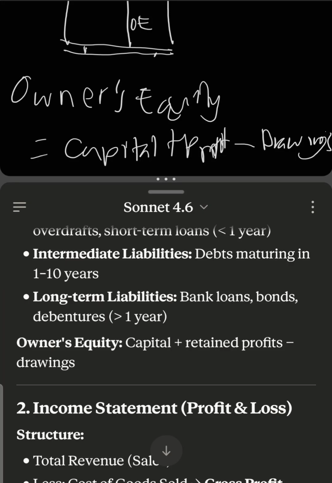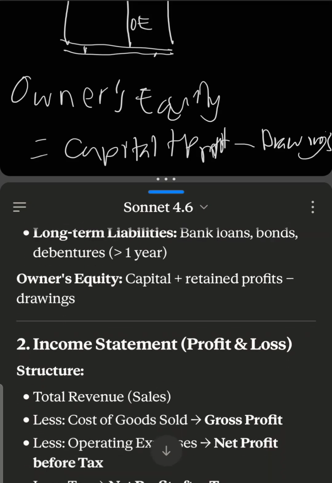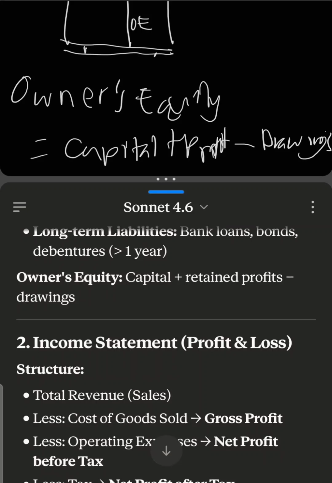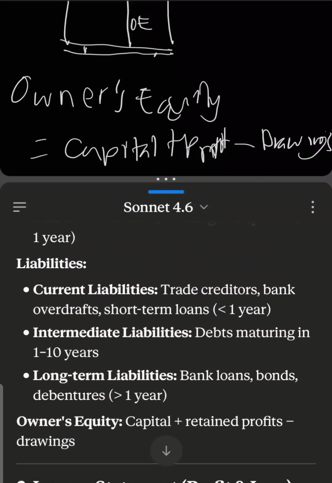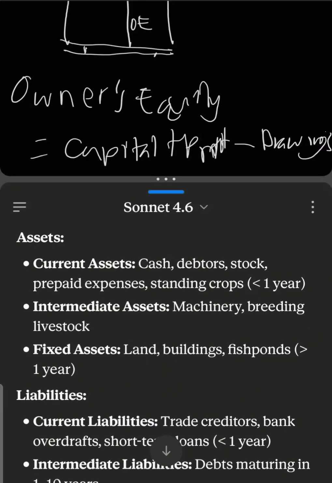So owner's equity is capital plus retained profits minus drawings. That's how we find the owner's equity. All together, so a balance sheet, you have assets on one side, then liabilities and owner's equity on the other side.